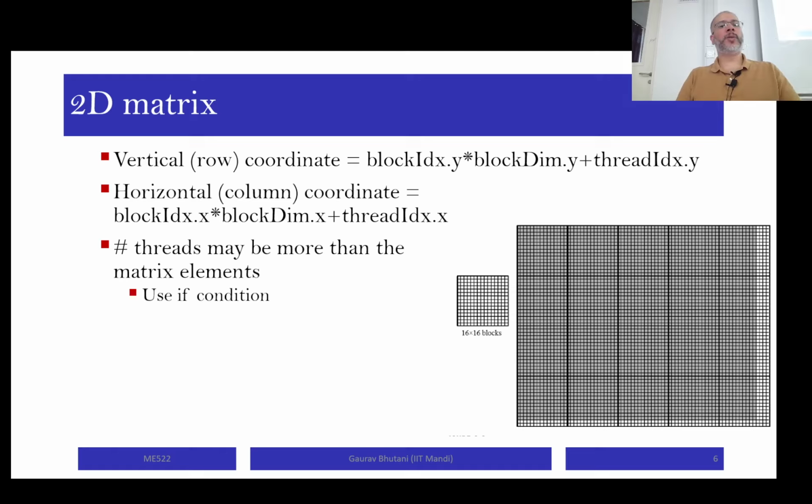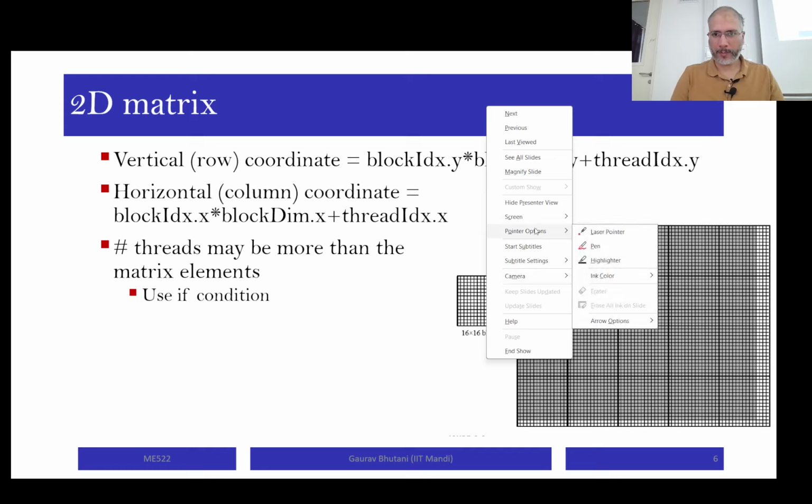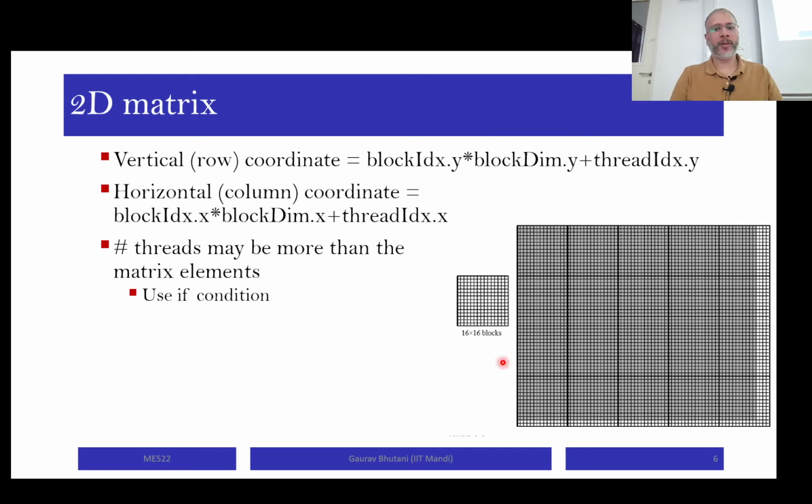How will we refer to the row coordinate in the matrix? Remember, each block has a numbering for threads which starts from 0. Let's say we are somewhere here, and I want to figure out the row number. I need to start counting the threads in the block, but that starts from 0, so I need to add the total number of threads in the previous block as well.